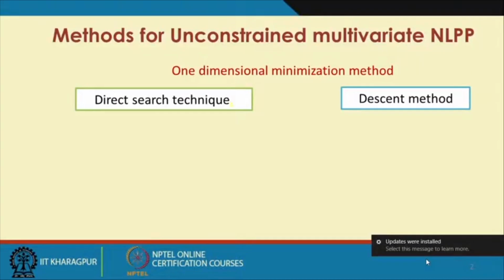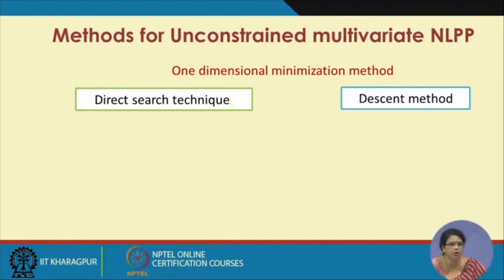Now, for solving this kind of unconstrained multivariate nonlinear programming problem, there are several methodologies available, that is, multidimensional minimization methods. Whenever we are considering any nonlinear function, it may be continuous, may be discontinuous in the domain of definition.